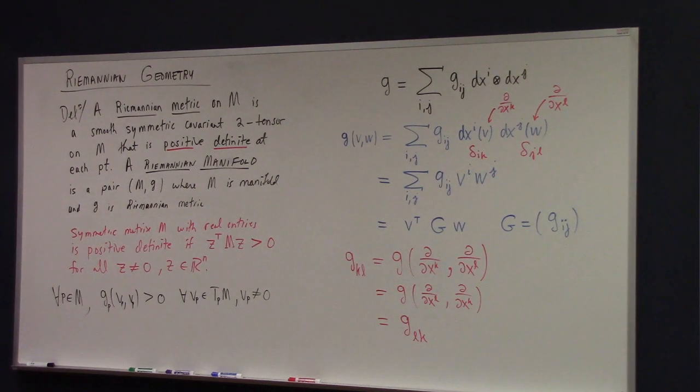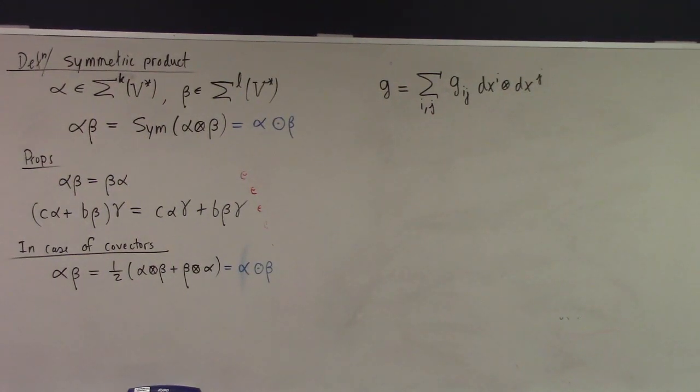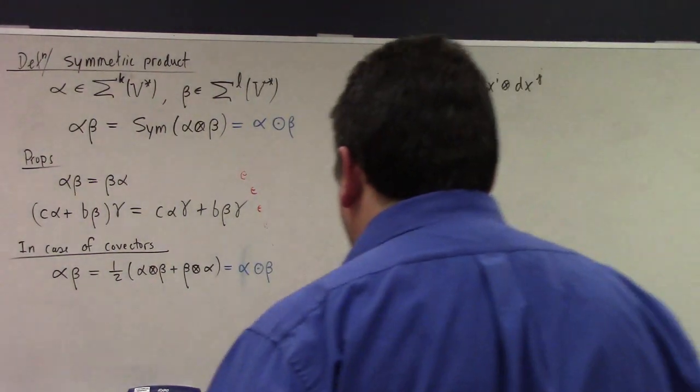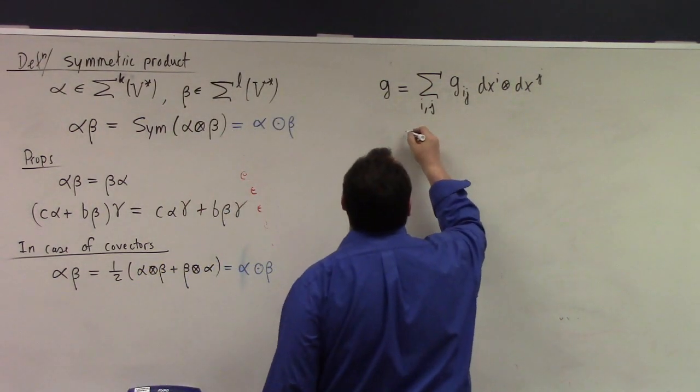So if we've got the metric, and it's equal to the sum over i and j of g_ij dx^i tensor dx^j, we can write that anew as follows.